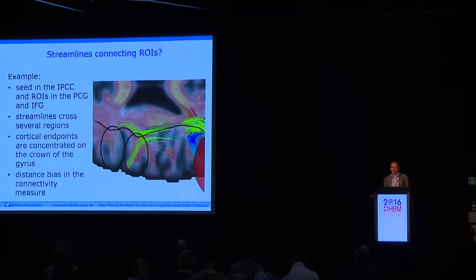The third point, which wasn't discussed so deeply, is the distance bias of connectivity measures. In a certain area, you have a lot of connections very close by, and the farther away you are, the weaker the connectivity is. So this influences your connectivity measures dramatically.